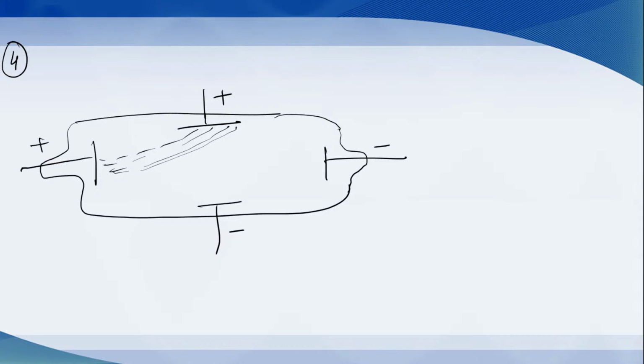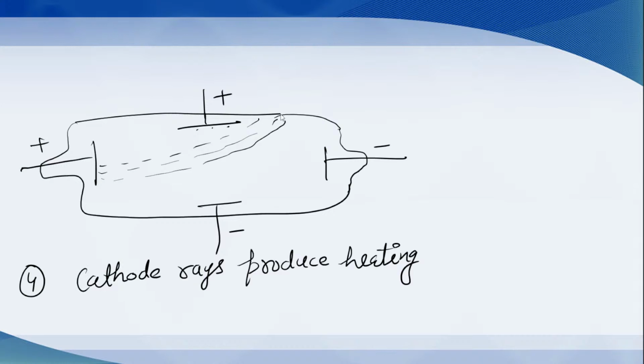Okay. Next, cathode rays produce a heating effect because they are material particles. So whenever they strike a metal foil, obviously the foil gets heated.